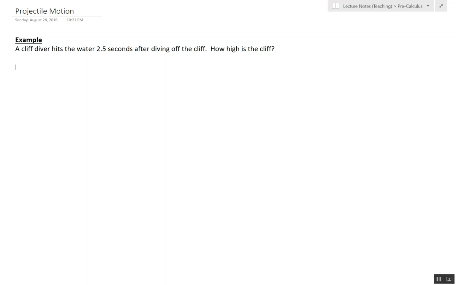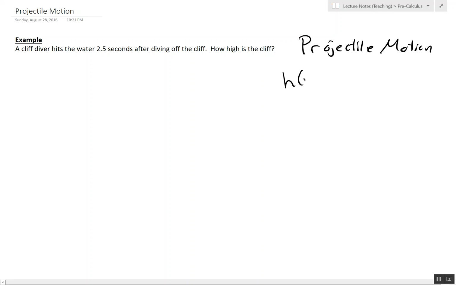So this one is going to be about projectile motion. So this section of the book, we're going to model projectile motion as follows. The height of an object is going to be its height at time 0 plus minus 16t squared.